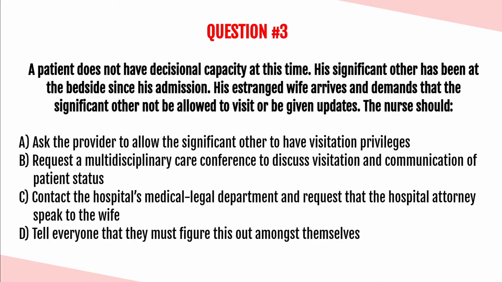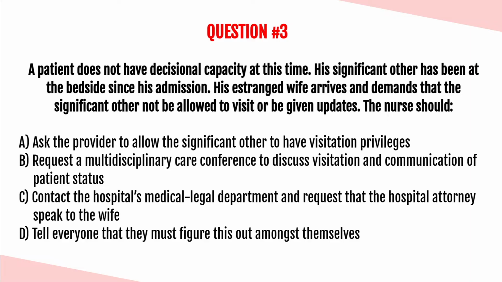B. Request a multidisciplinary care conference to discuss visitation and communication of patient status. C. Contact the hospital's medical legal department and request that the hospital attorney speak to the wife. Or D. Tell everyone that they must figure this out amongst themselves.